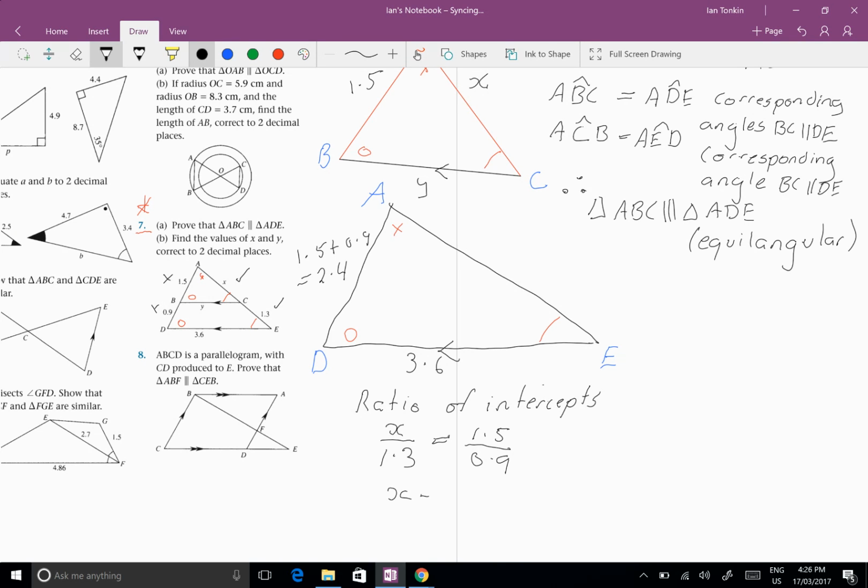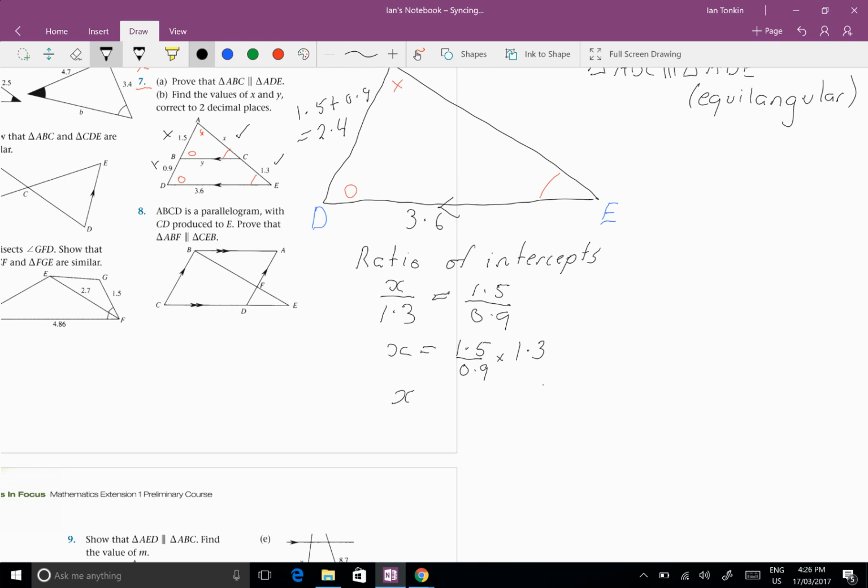So X equals 1.5 on 0.9 times 1.3, and X equals 2.16 repeater. And the back of the book has that as 2.17. So that's a ratio of intercepts with parallel lines.